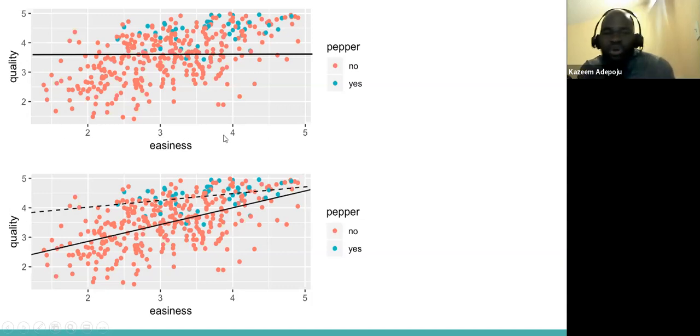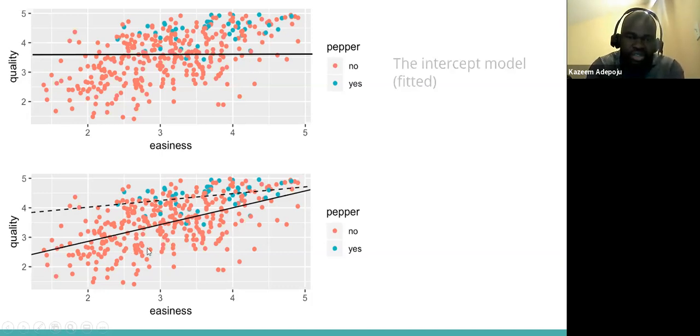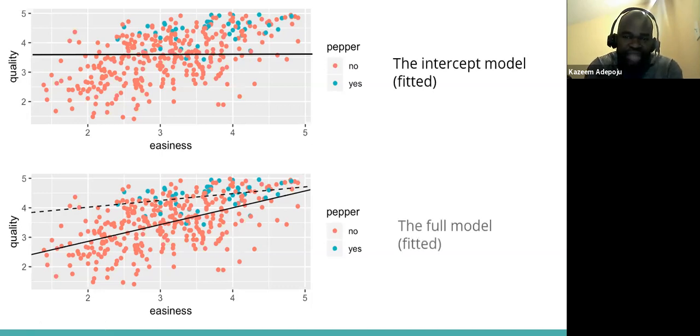Okay, when easiness goes up, I'm actually going to get the same amount of quality. Now, when you take a look at this one here, you're going to see something different, and that is the reason why here you're going to see that this is not a horizontal line.